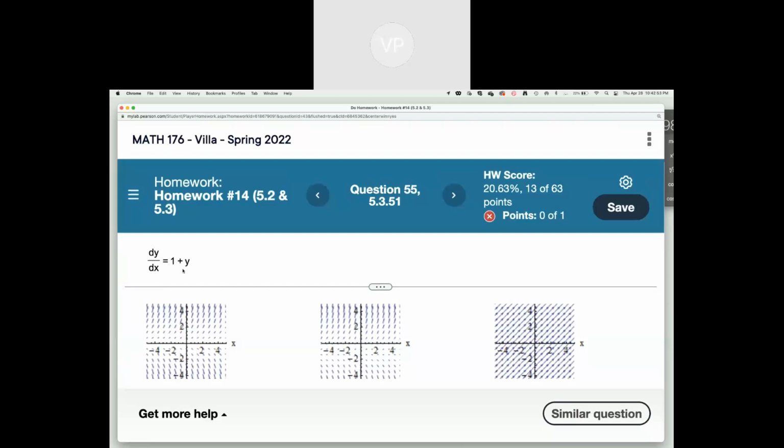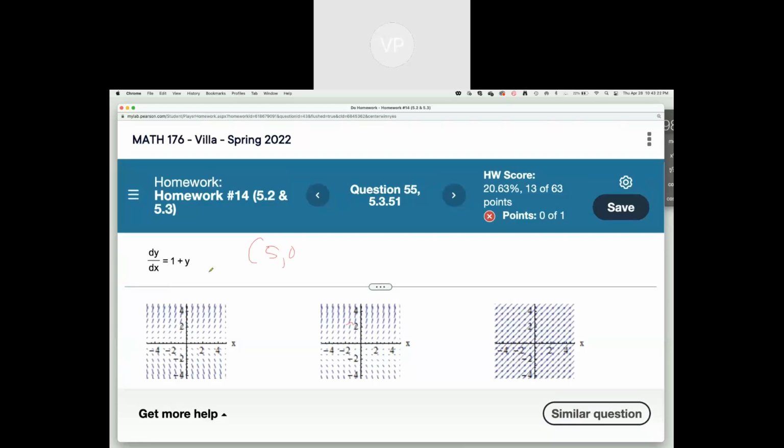Let's plug in 0. When I plug in 0 for y, I get a slope of 1, which is slightly higher. I don't see any slope field on this one, but I kind of see one here. It's not telling me a whole lot. And notice it's the same for any y. If you want to get specific, let's just call it a point. Let's try 3, 0, so we don't go off screen.